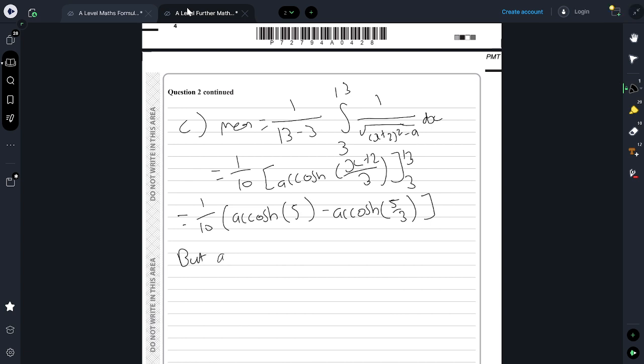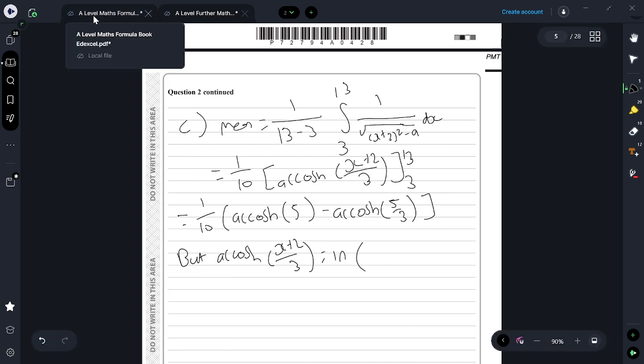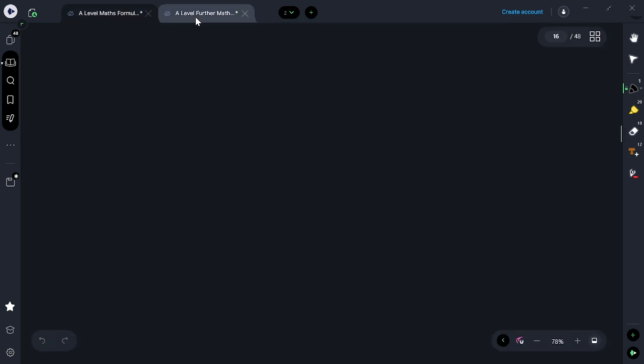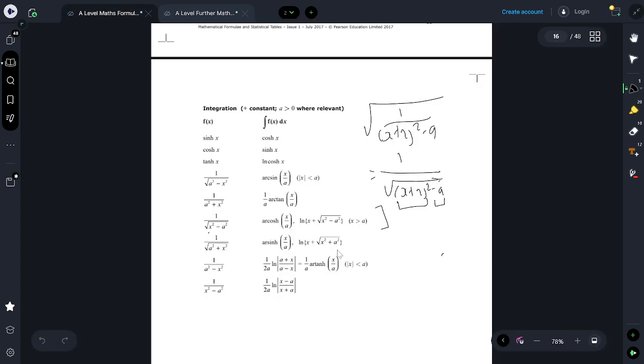But arcosh of x plus 2 over 3 is ln of here. So ln of x plus 2, so we replace for x plus 2 plus our square root, right?